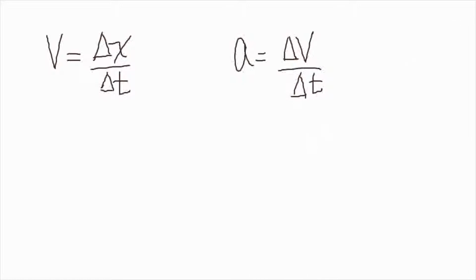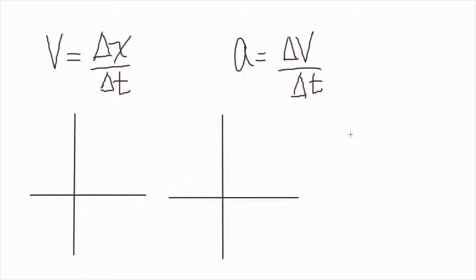Now, it's important to understand how the graphs of acceleration, velocity, and position are related. So let's give a sketch. Nothing fancy. I'm not going to put numbers or expect too much gory detail. If we can just get the general shape, that would be good.